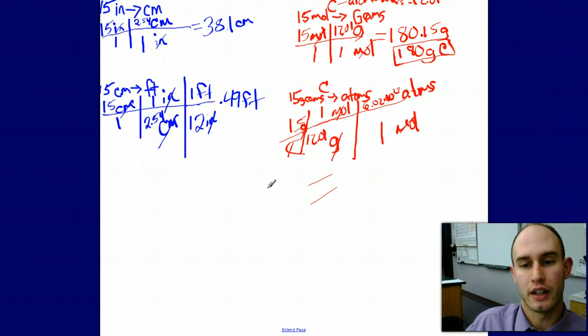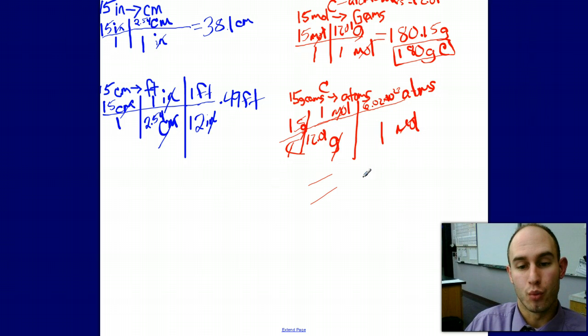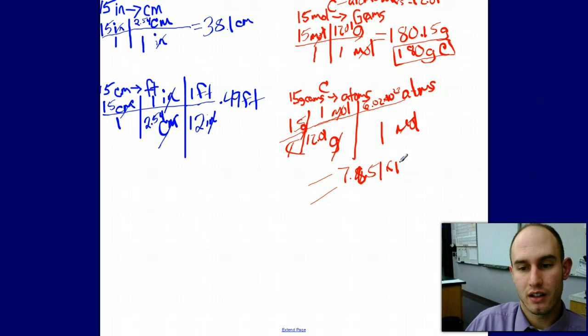So our final answer here is going to be 15 divided by 12.01 times, remember parentheses, 6.02 times 10 to the 23rd in parentheses, and we are getting here as an answer 7.51 times 10 to the 23rd atoms of carbon.